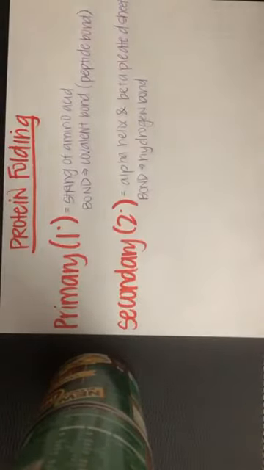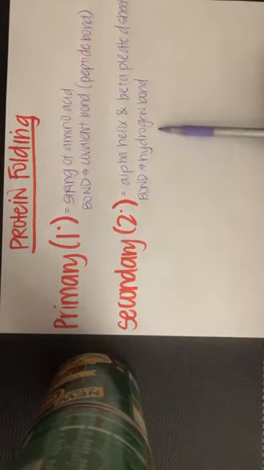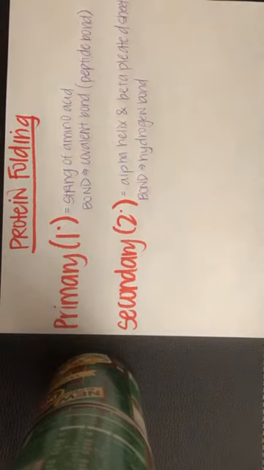In our secondary structure, we're now talking about the hydrogen bonds. Well, real quick, as a reminder, a hydrogen bond is a bond in which you have a hydrogen attached to an electronegative atom that's attracted to another electronegative atom, okay?